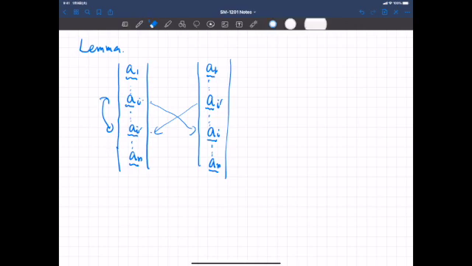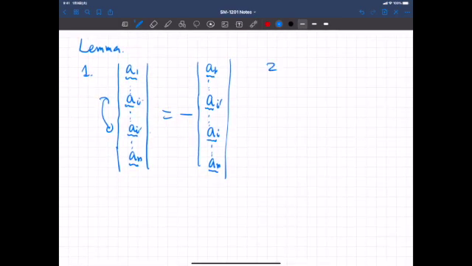We swap two rows. Then their values are related by this: the sign changes. If we swap two rows, then the sign of the determinant is negated. So that's one.